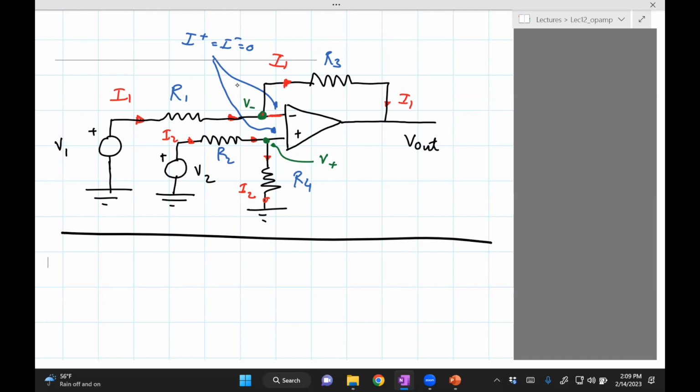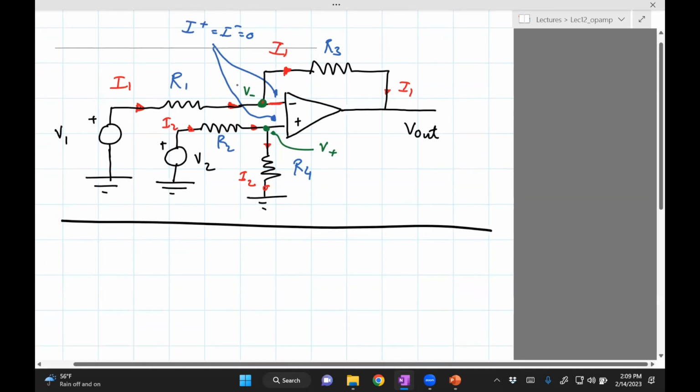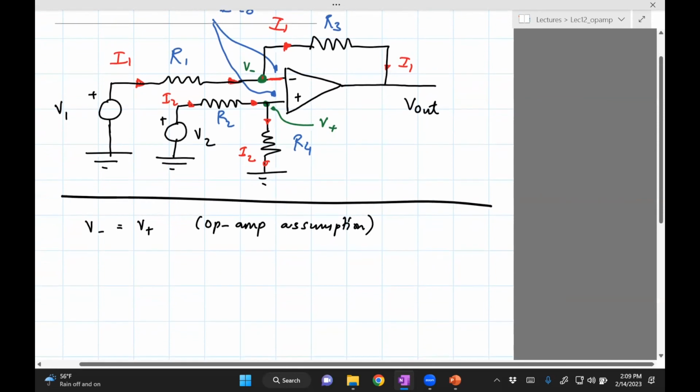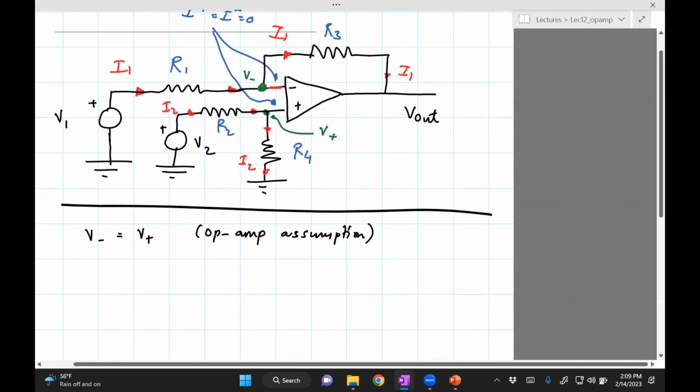Okay, so I think the easiest thing is to start with the assumptions of an op-amp. V minus equals V positive. Then we can try to find an expression for I1.